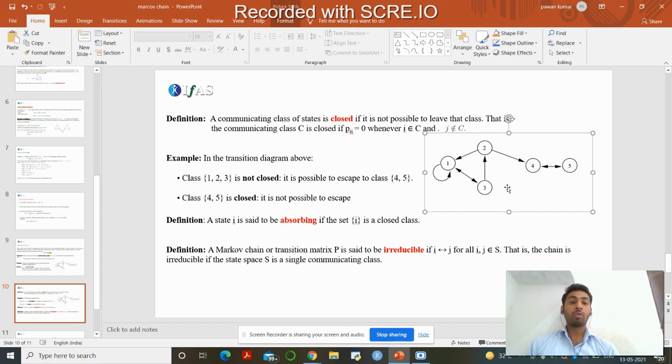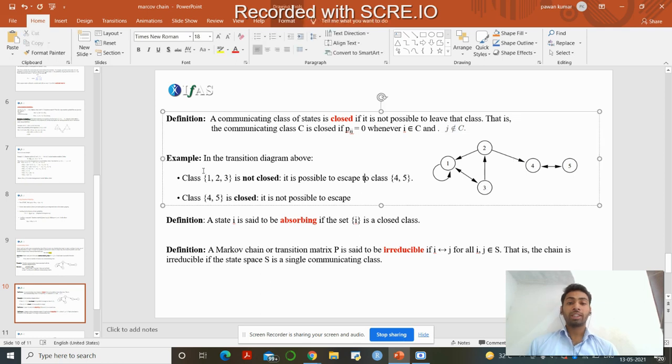We can't go to state 3 or 1, or any other state. So 4 and 5 are a closed class. But for 1, 2, 3, we can go 2 to 4 but can't come back, so this is not a closed class. This is an open class. By example, 1, 2, 3 is not a closed class, but 4 and 5 is closed.